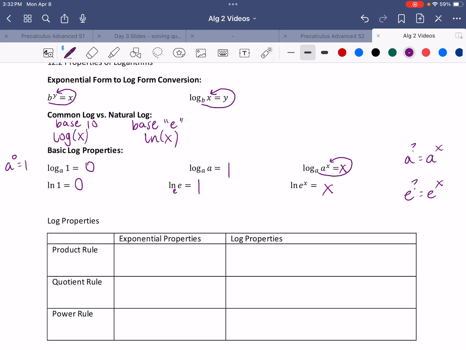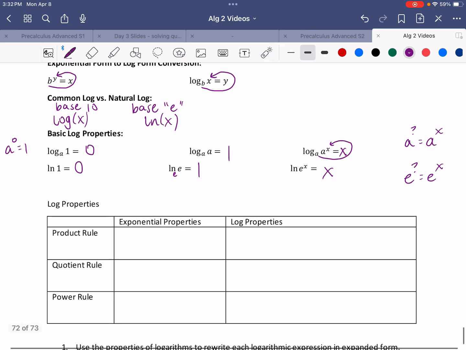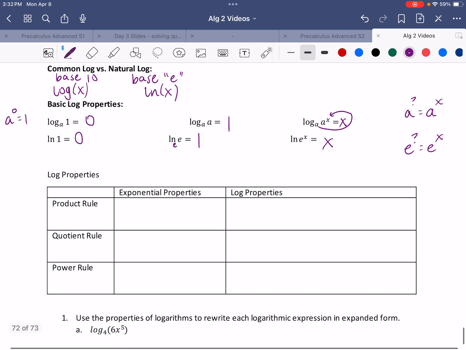Okay, so these powers I keep mentioning here, they're related to our exponential properties that we already use. So the product rule for exponents, we know if we have a base to the x power times a base to the y power, when they multiply, the exponents add.